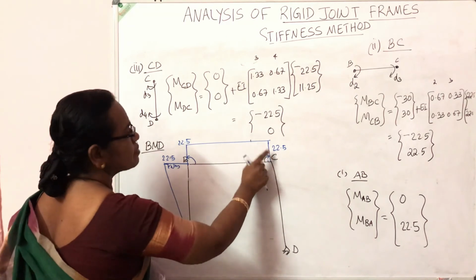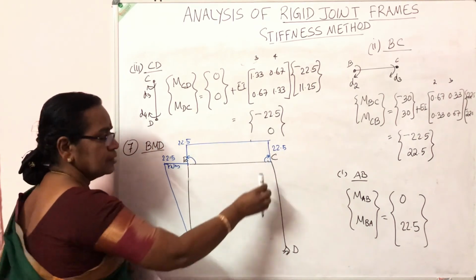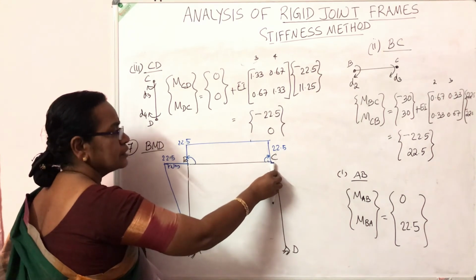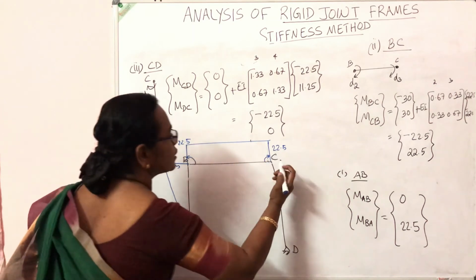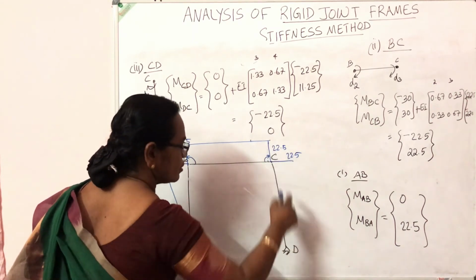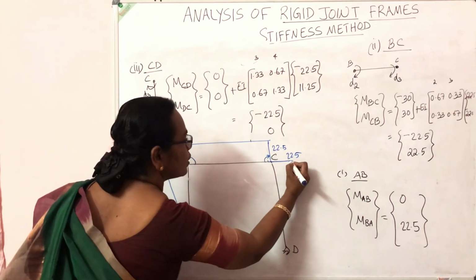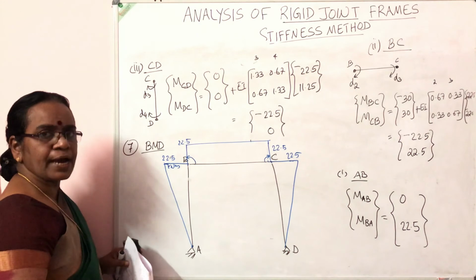Then coming to the last element CD, MCD is minus 22.5, C to D, place it like this, anti-clockwise in this direction. So it is 22.5 and this is 0. The hinge should be 0, so what we have done is correct. So these are the support moment diagrams.